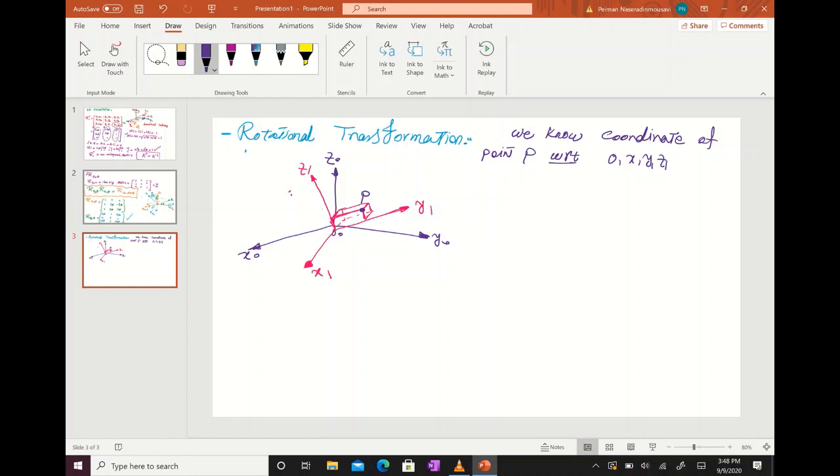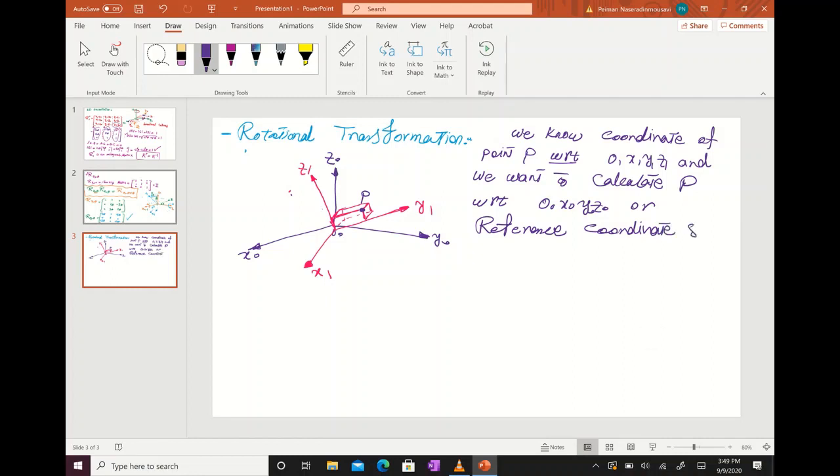We know it with respect to this red frame, and we want to calculate P with respect to our world coordinate system, O0, X0, Y0, and Z0, or the reference coordinate system. Okay, we want to calculate with respect to that.